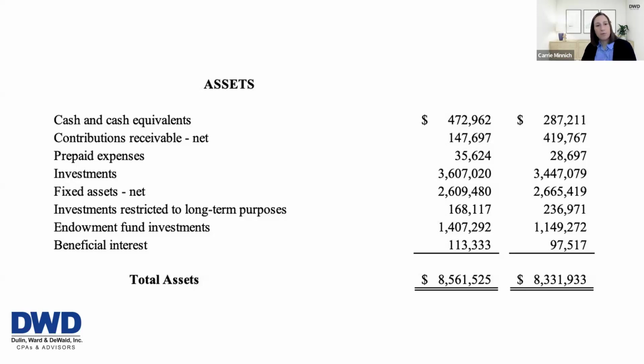When we look at receivables, whether it's contributions receivable, accounts receivable, any types of receivables, we need to compare the current year to prior year. Did it go up or did it go down? So normally we want accounts receivable to go down because that means we're collecting it. However, sometimes it will go up and it will jump very, very high. For example, if you normally get a 3-year grant from a foundation, every 3 years you're going to have a jump in your contributions receivable.